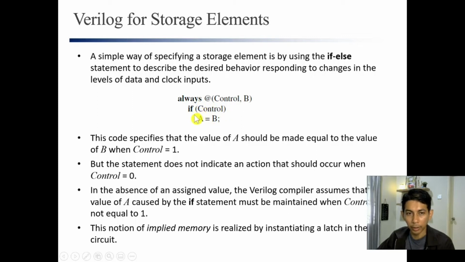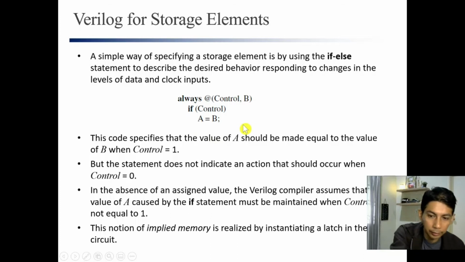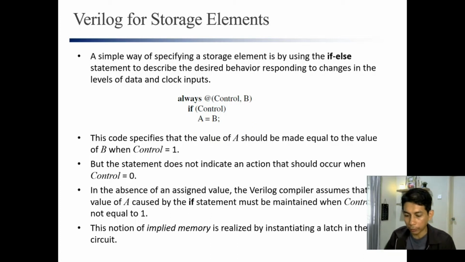Because if this signal equals 1, yes, A equals B. But what about else? What if the control equals 0? What happens to A? If you write like this, Verilog will automatically do this for you.